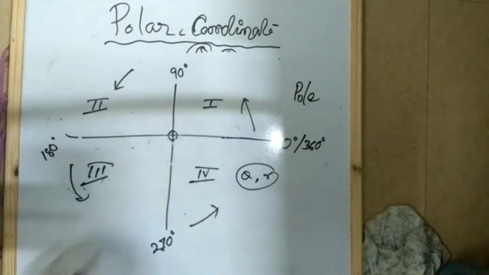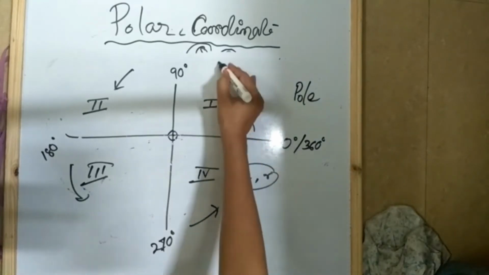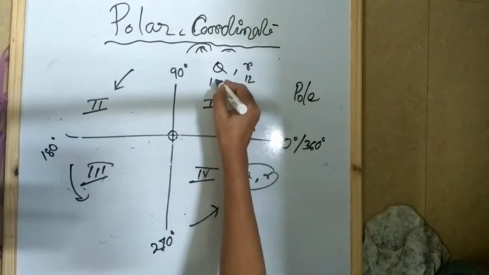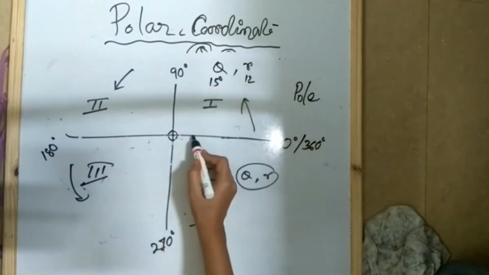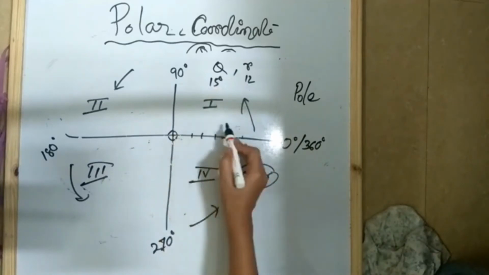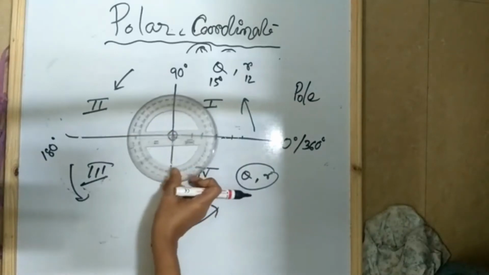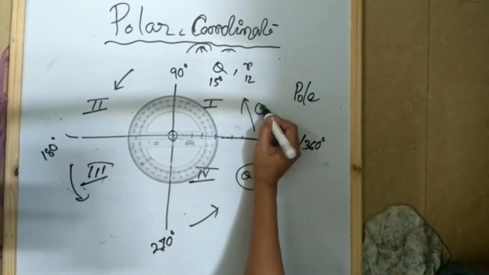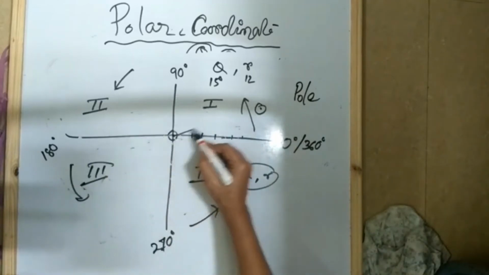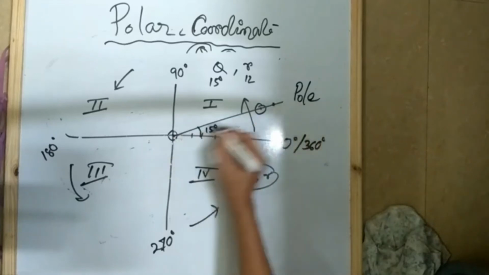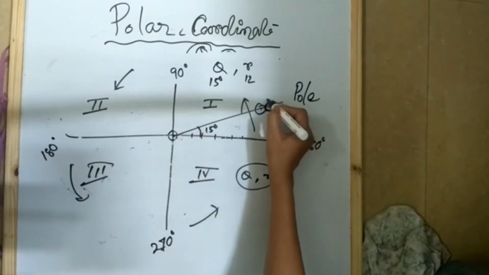Okay, now come to the second segment. We have to convert the polar coordinate to Cartesian coordinate. Polar coordinates are always expressed by theta and r. Suppose r is 12 and theta is 15 degree. You put the protractor, identify 15 degree as the theta, and this point is up to 12.